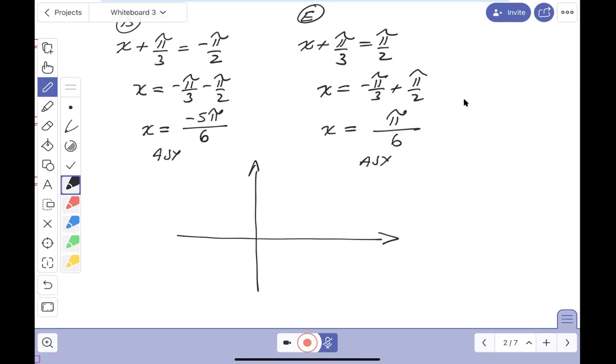So I'm going to say pi/6 is here. And minus 5 pi/6 over here somewhere. All right, this is x equals pi/6. And this asymptote over here is x equals minus 5 pi/6.